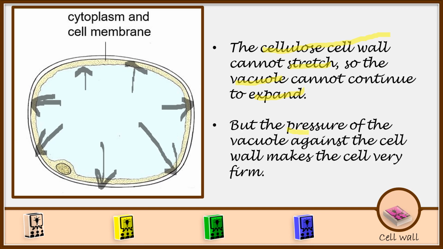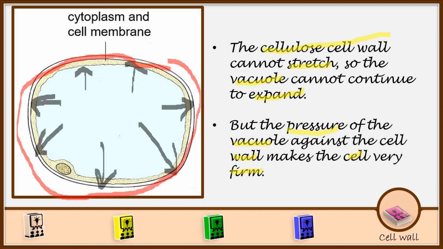But the pressure of the vacuole against the cell wall makes the cell very firm. Because of this pressure applied by the cell vacuole, the cell becomes firm.